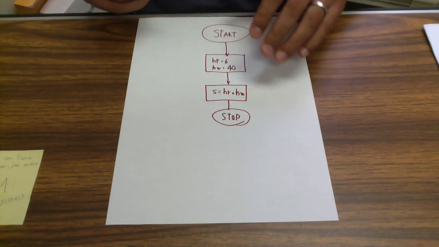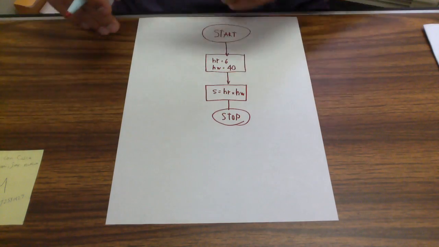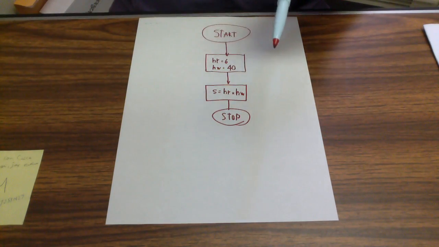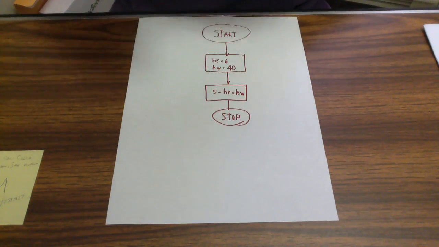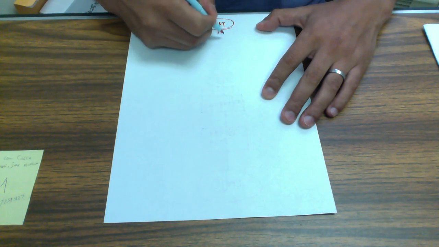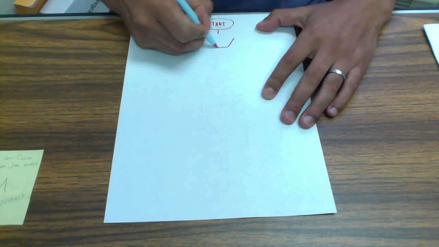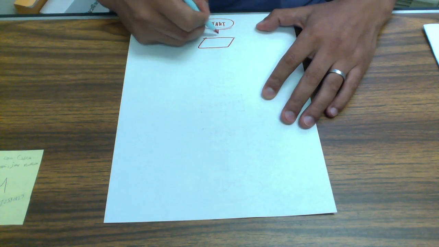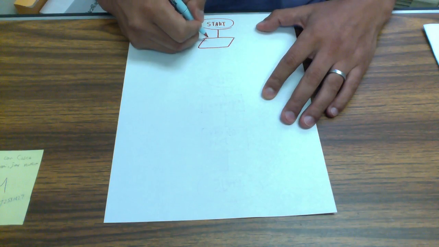And for that, we can have an alternate diagram here that can go, for example, like this. We'll have our start symbol. We'll start. So then the first thing we're going to do is we're going to read the salary.